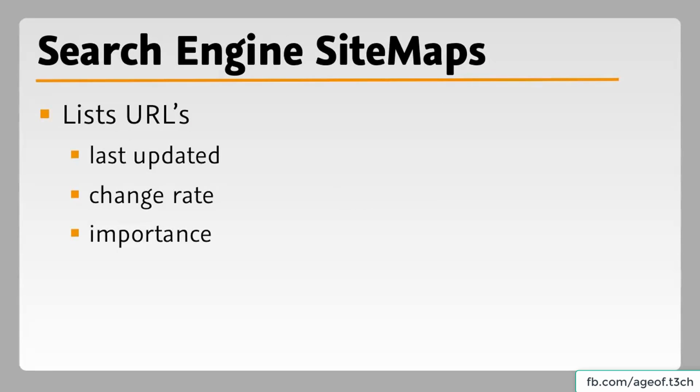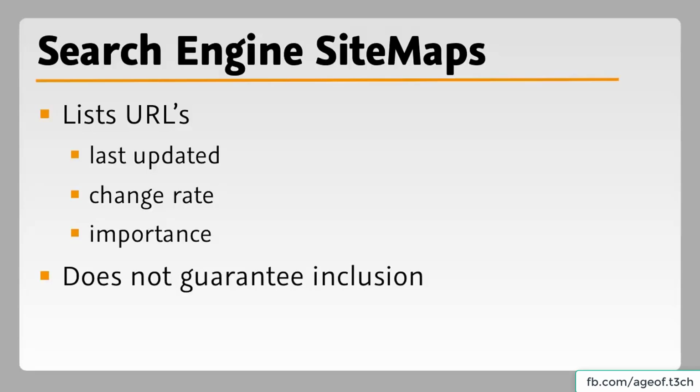It lists the URLs that are on your site, the last time they were updated, how often they changed, and what the importance of each page is in relation to the rest of the pages in your website. Now, even though you create the sitemap and you upload it to the search engine, it does not guarantee that the search engine is going to include all of those pages in its index. We're going to come back to that.